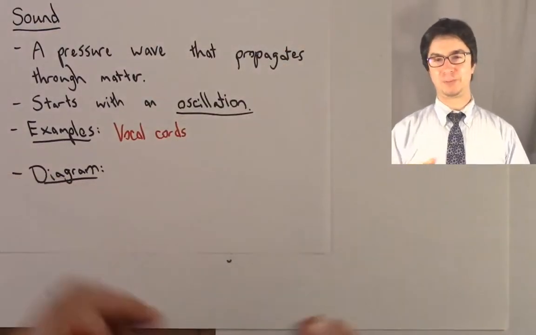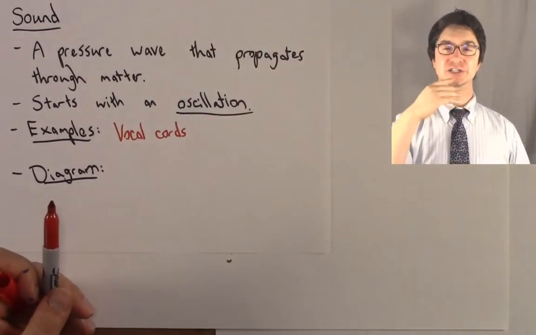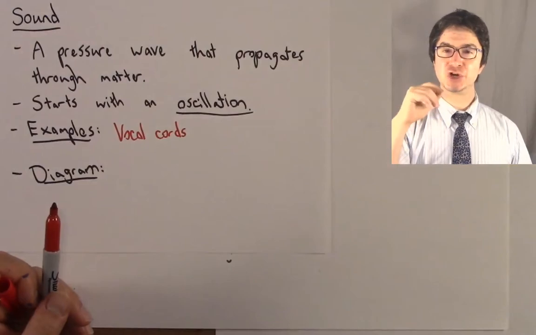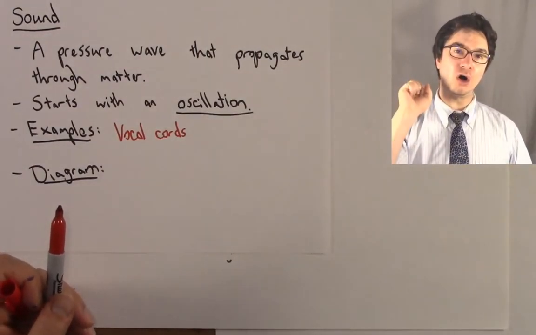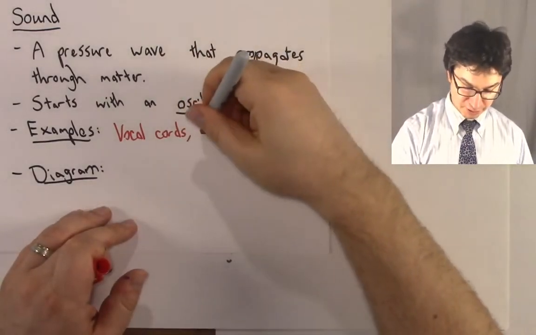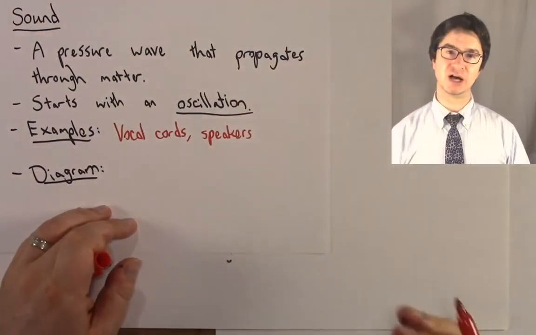Okay? Now, my vocal cords are oscillating. That means that the air is oscillating from here to the microphone. There's a microphone on that camera. And your speakers are also producing sound. So speakers also produce oscillations.